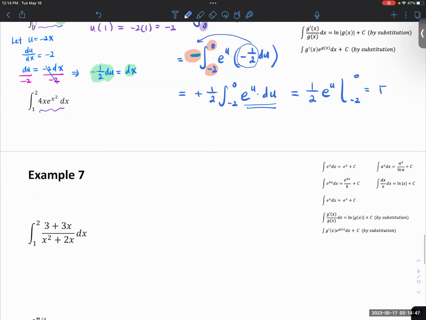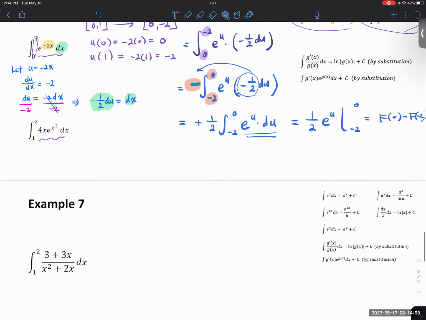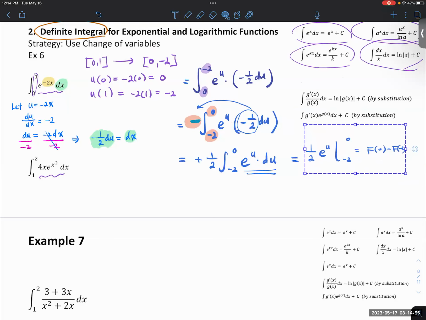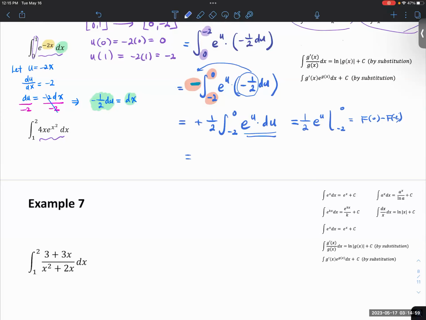That means upper limit 0 minus lower limit negative 2. So let me just minimize a little bit. We're going to subtract that. Therefore, 1 over 2 e to the 0 minus 1 over 2 e to the negative 2, right?